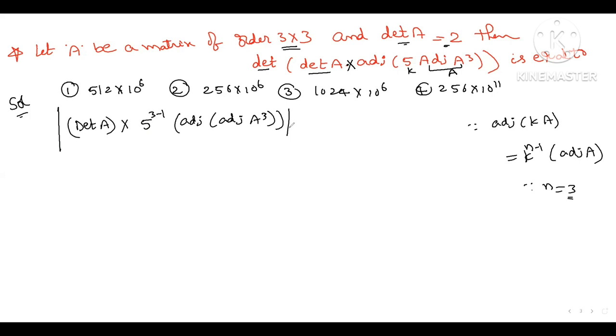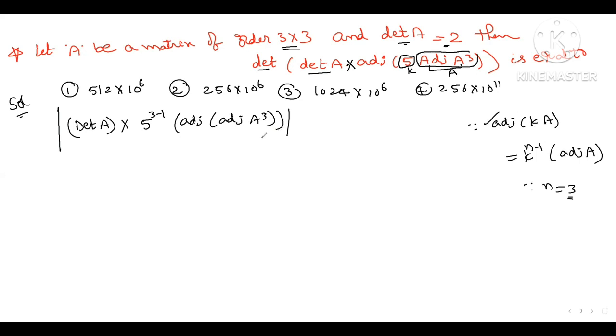Have you understood? Now we apply the formula adjoint of kA, which is k to the power n minus 1 into adjoint of A. Here let us take k as 5, and A is replaced by adjoint of A cube.